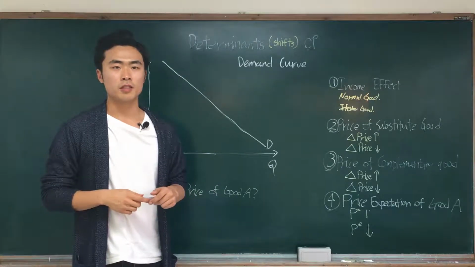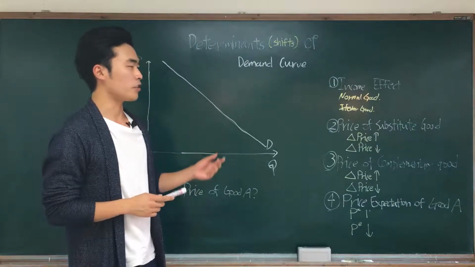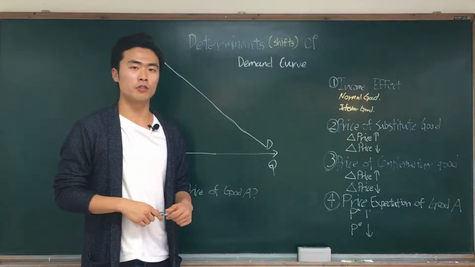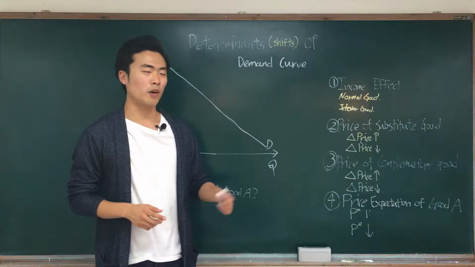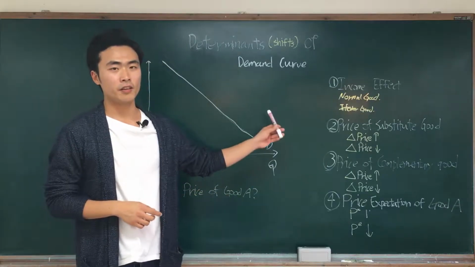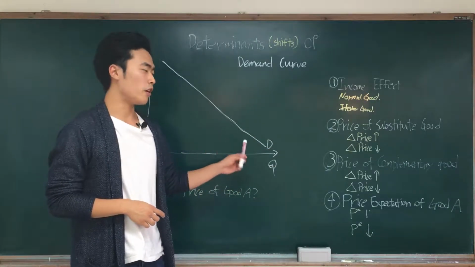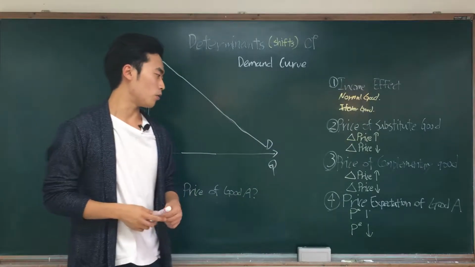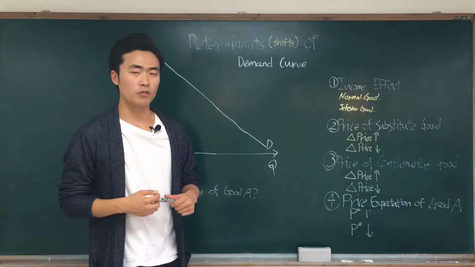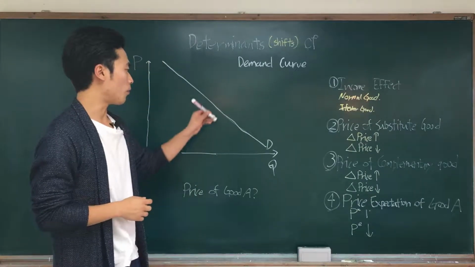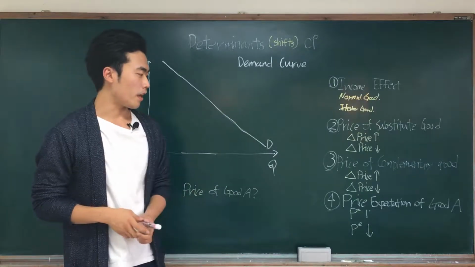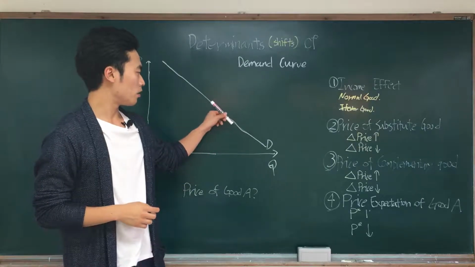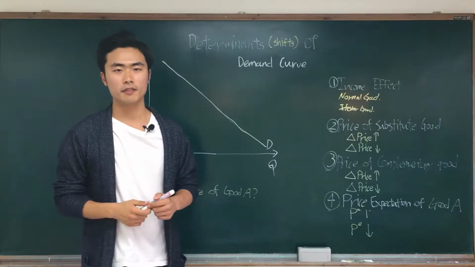So if you expect the price of good A to increase, you will purchase the good now in order to not buy the good expensive later, or to sell the good at an expensive price later. So the high price expectation of good A increases the demand for good A, and the lower price expectation of good A decreases the demand for good A.